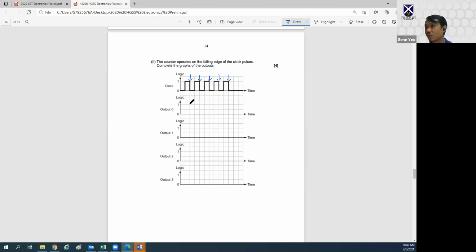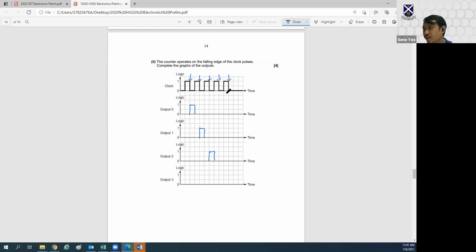So over here, it will count 0. Therefore, a 0 will go high here. All right. Now, the next falling edge is over here, so the next count would be a 1. The next falling edge is over here, then it will be a 2.